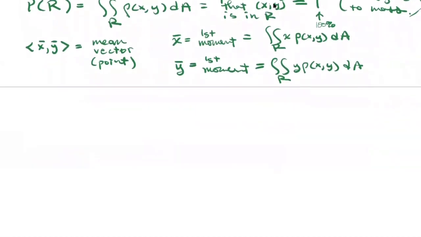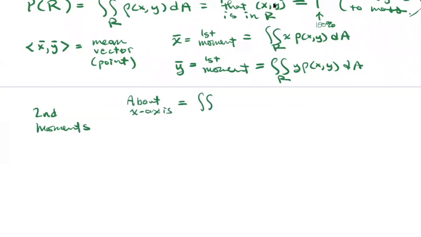And then the only other thing is these moments of inertia that are interesting because moments, well, let's just call them second moments. So you would have, about the x-axis, this is analogous to the moment of inertia, but you do a double integral.